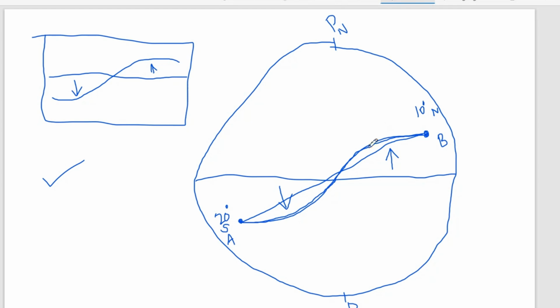Now the question arises: which pole should we be taking? Let me erase this straight line. When you are going from one hemisphere to the other, whichever position has the higher latitude, it is better to select that particular pole.